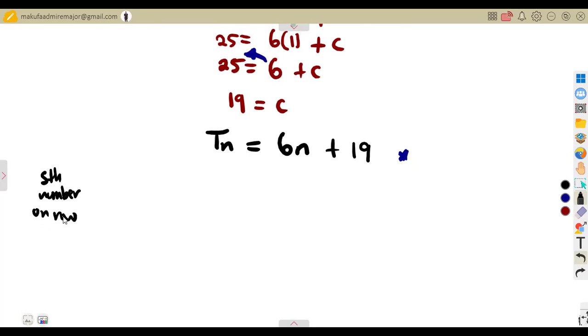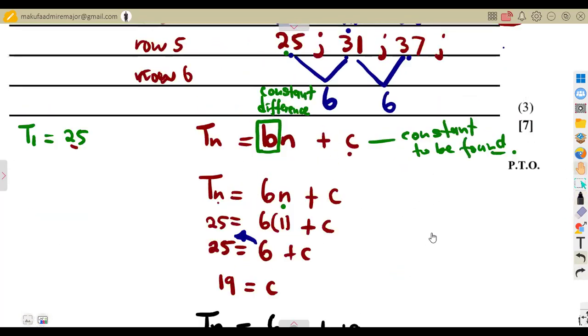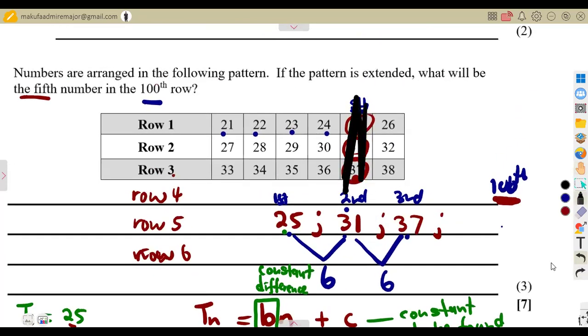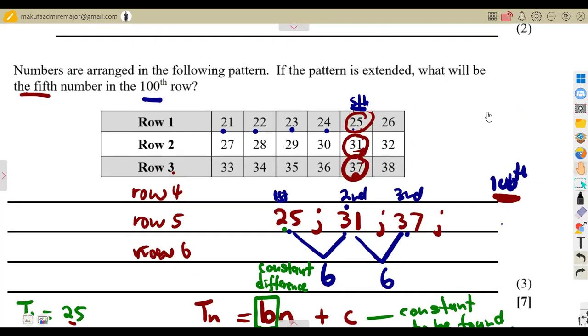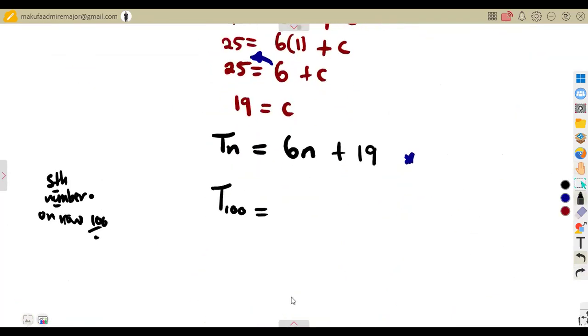That is T100, because this pattern that we are seeing, this formula, the relationship, was of the fifth number. Remember, we created this out of the 50. So whatever we substitute corresponds to the fifth number in that row.